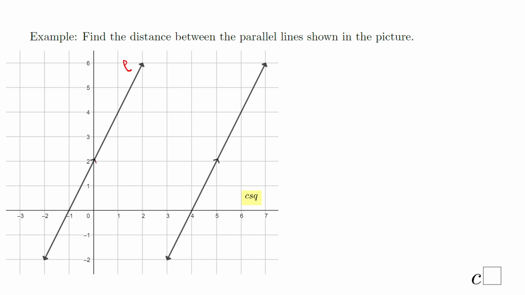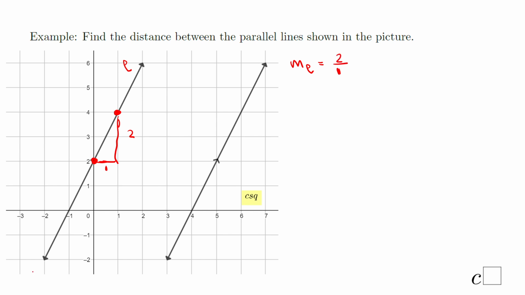We can pick any two good points like this one, where we can see the coordinates, and draw this slope triangle. And you notice the slope of this line, L, will be, the rise is 2, the run is 1, 2 over 1, and is positive because it's going up from left to right.